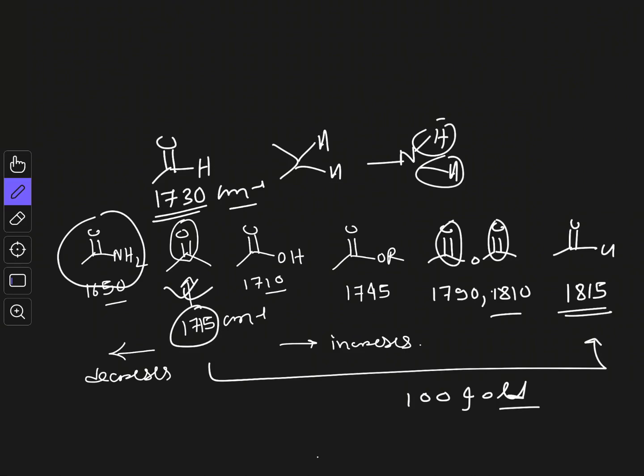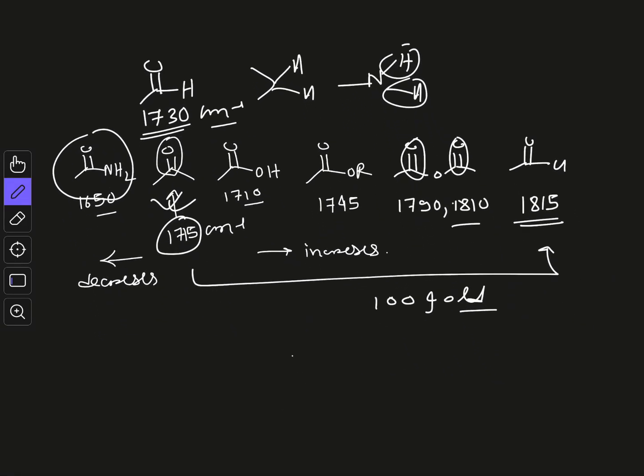Ketone is the typical group, and we can differentiate between aldehyde and ketone, because ketone has two alkyl groups, but in aldehyde we have one hydrogen, so there will be an electronic difference. But the more drastic difference is found when we substitute it by an OR group, anhydride group, acid chloride group or amide group. So why is this difference there?